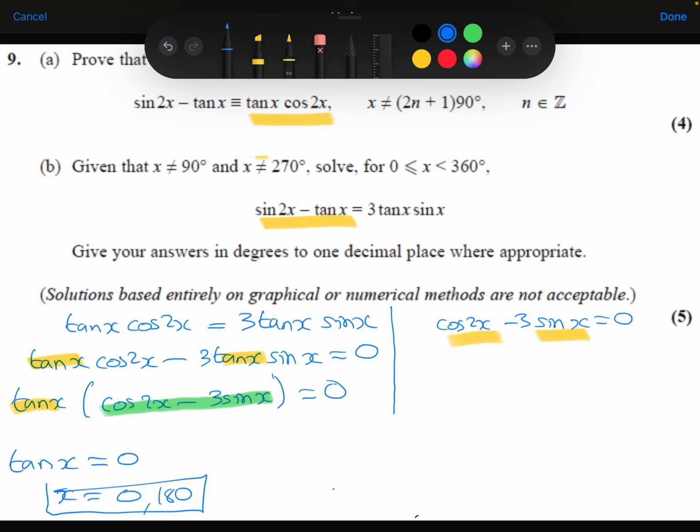So cos 2x is the same as 1 minus 2 sin squared x. The cos double angle says that this is equal to this. Then I've got the minus 3 sin x equals 0. Now I have a quadratic, so let me write that in its usual form, so moving everything to the other side.